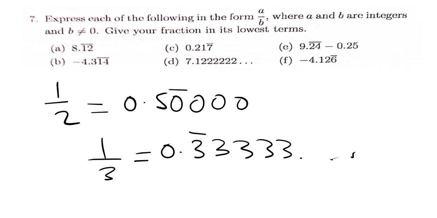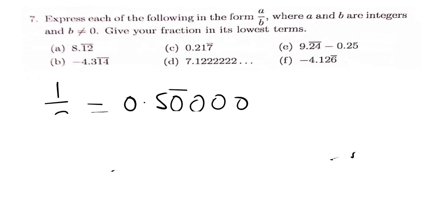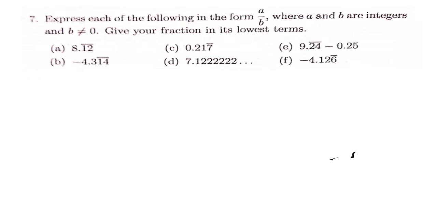So now they're asking us to express each of them in the form A over B. A over B is a fraction. They want us to take them back to the way they were as fractions, and give your fraction in its lowest terms. So we've got 8.12 with two numbers repeating.